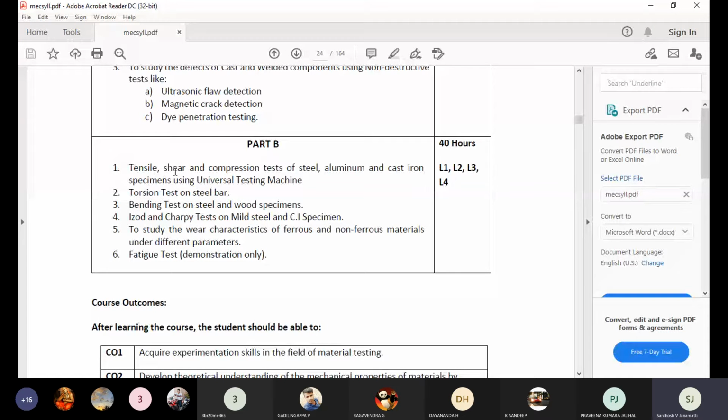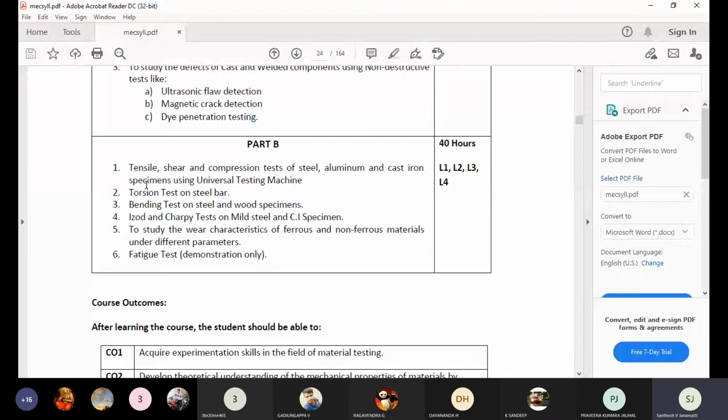So tensile test, shear test, compression test for different kinds of engineering materials: steel, aluminum, and cast iron. Maybe in the examination, they can give you aluminum, steel, or cast iron. So in the practice lab, we have to make sure that we practice all these three different materials.